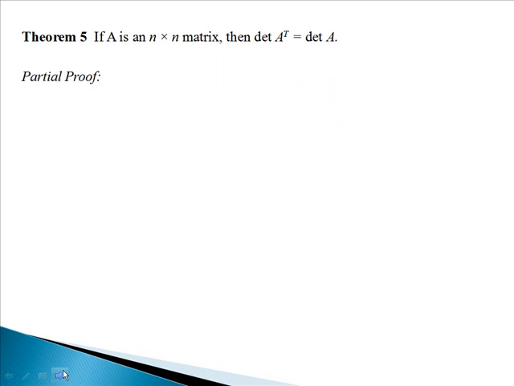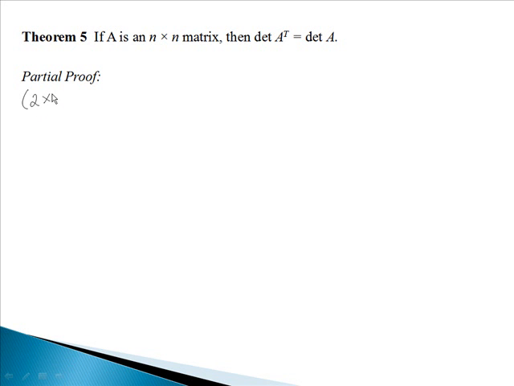If A is an n by n square matrix, then the determinant of A transpose is equal to the determinant of A. And that should make sense since it's a square matrix, the size doesn't change, and we've looked at the definition and theorem stating that the determinant will be the same if I go across any row or down any column. In A transpose, we simply take the rows of A and they become the columns of A transpose. So let's look at kind of a partial proof.